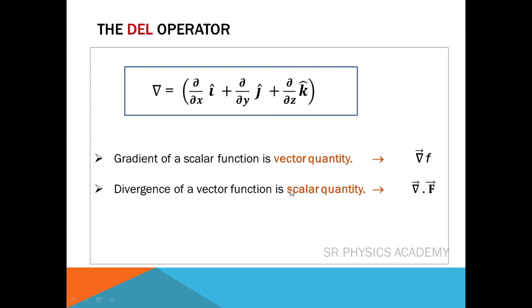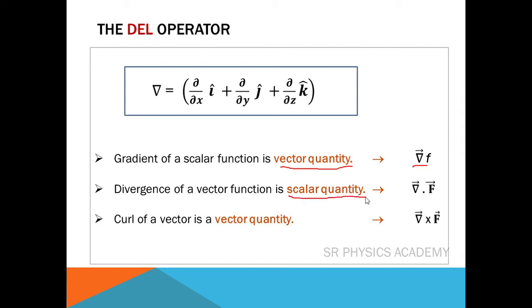When we take the gradient, the resultant is a vector quantity or vector function. But when the divergence operation acts on a vector field, the resultant is a scalar quantity.